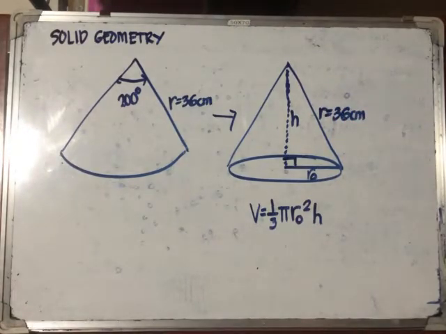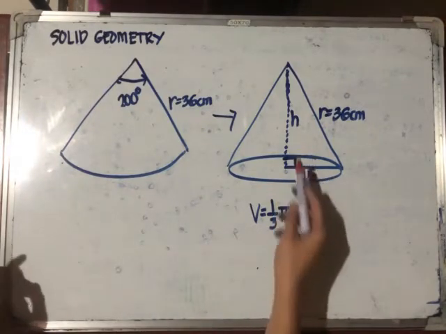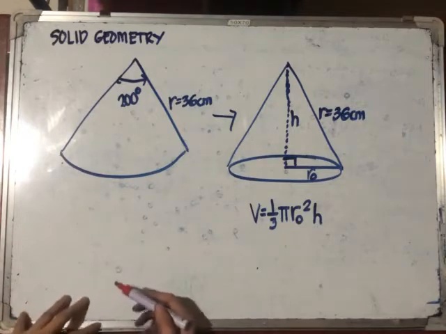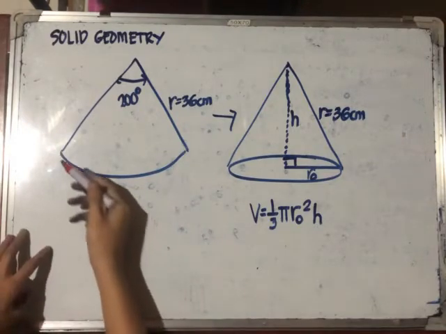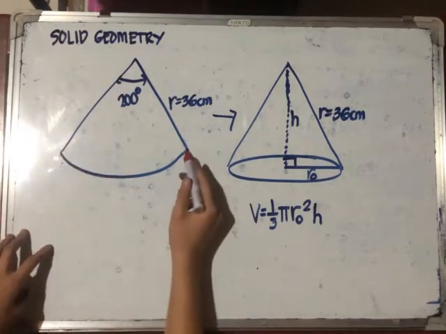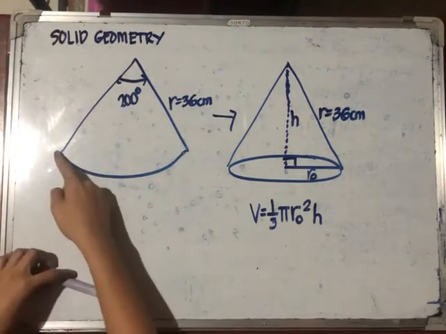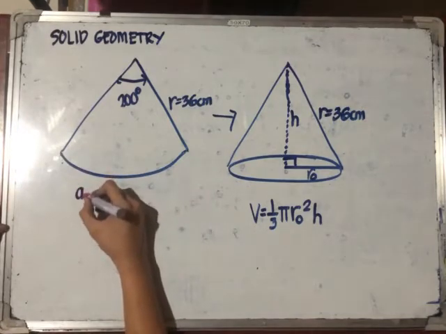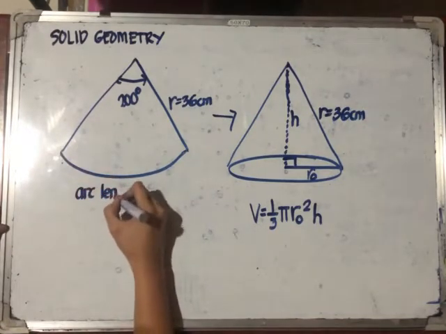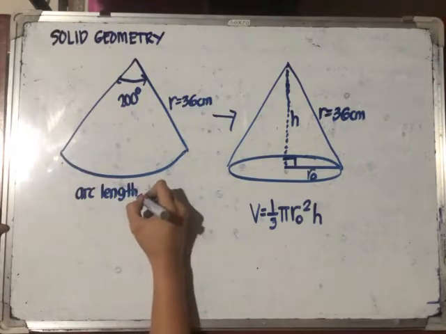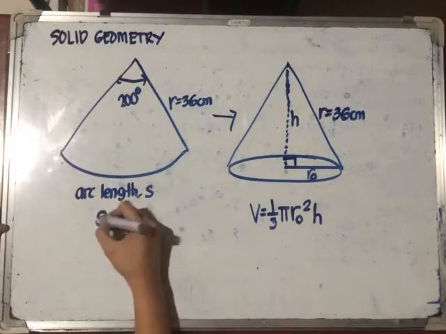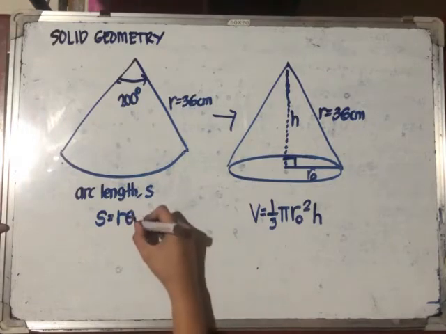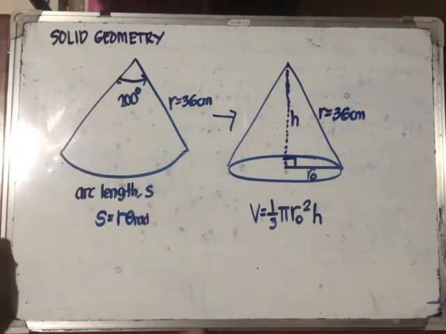Right? So, we need to find either r sub o or h para makompute mo din yung isa pang unknown na variable. So, take note, dito, ano bang mangyayari dito sa ilalim, di ba? If ito yung total length, we call this one your arc length. Arc length S. Okay? And S, we can compute that by r theta, wherein your theta here is in radians.